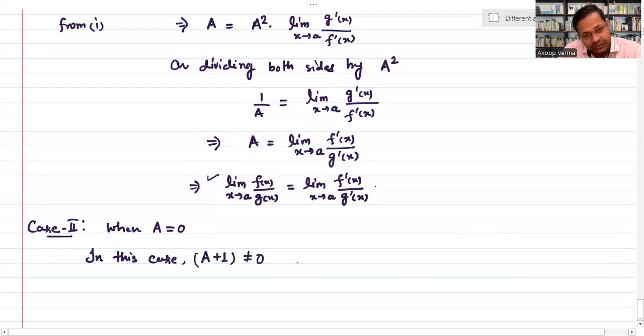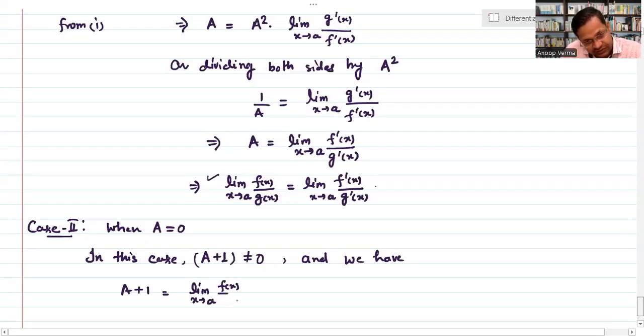One thing to note: if I am taking a plus 1, you can have the limit x tending to a of fx upon gx plus 1.